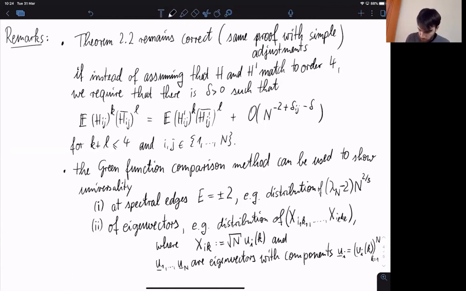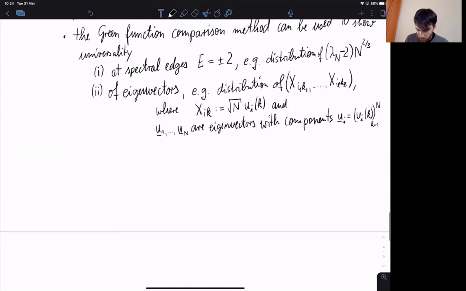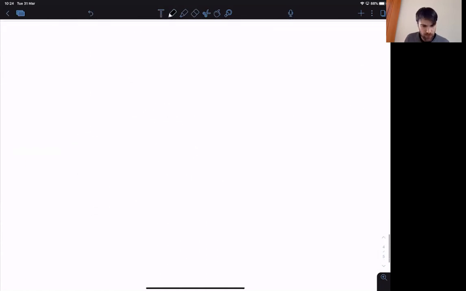Okay, so as I already announced now a few times, we now will go to this new set of tools. Maybe some of you have already seen parts of it, but I'll try to introduce it. So maybe I should start a new section that's now called stochastic analysis of random matrices.